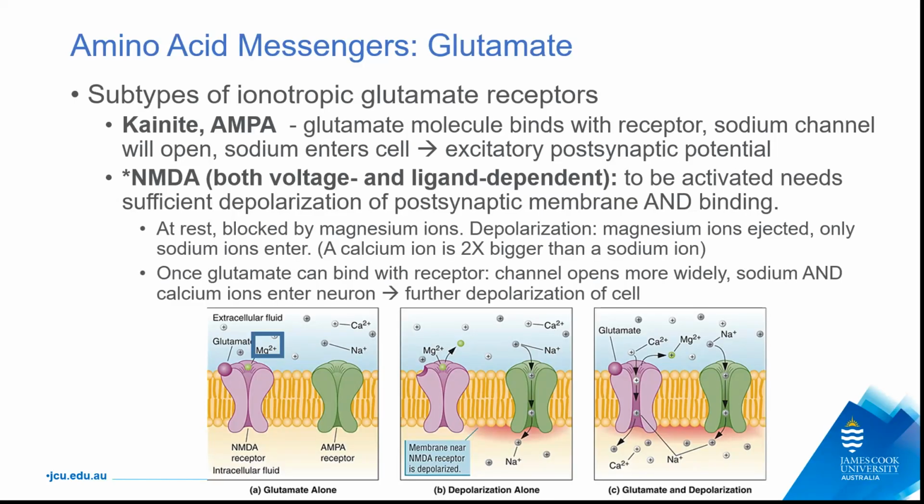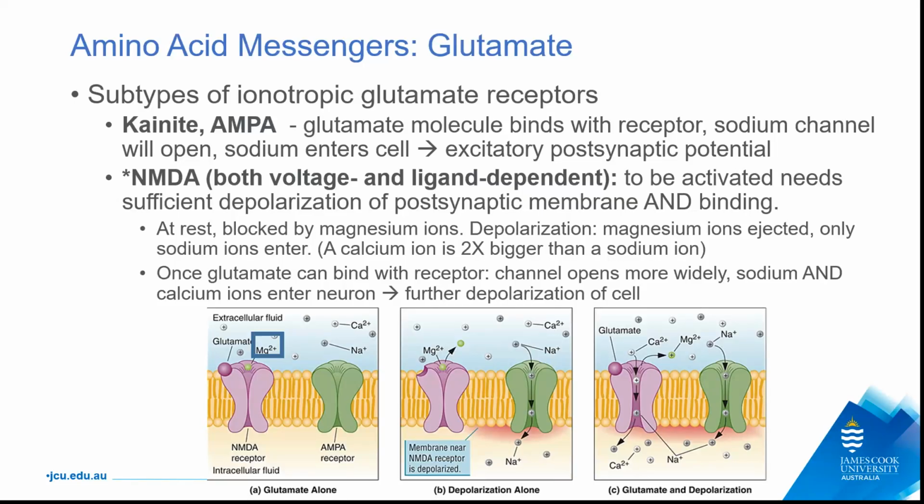So the first bullet point here, under NMDA: at rest, the ion channels are blocked by magnesium ions. So what happens when you have depolarization? Depolarization alone will eject the magnesium ions, and that will allow the sodium ions to enter. Also note that a calcium ion is 2 times bigger than a sodium ion. When you first open, the sodium ion will enter.